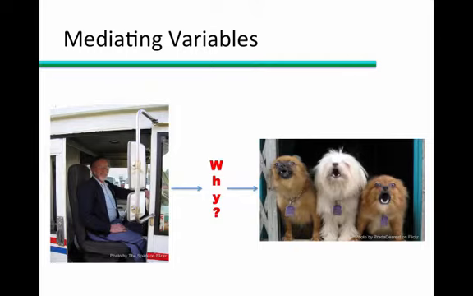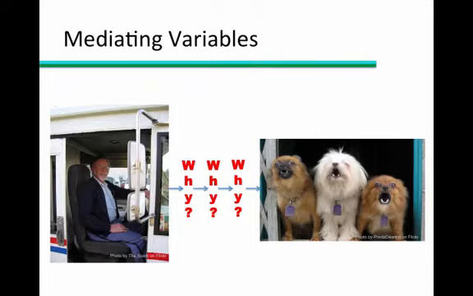And when you explain that they don't like people coming to the front door, he may follow up with, why? And why again? In other words, he is getting at the mediating steps in between the mailman's presence and the dog's barking. Many times we know that one variable leads to another, but we may not know why.